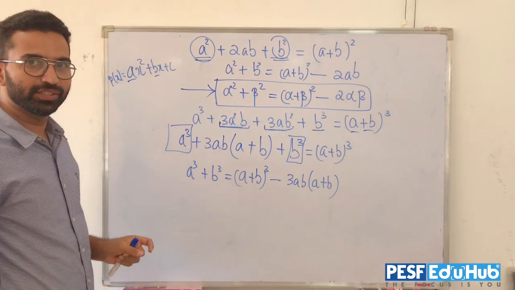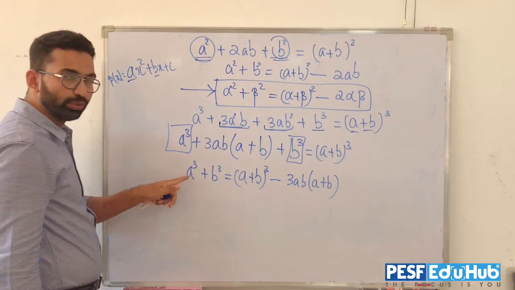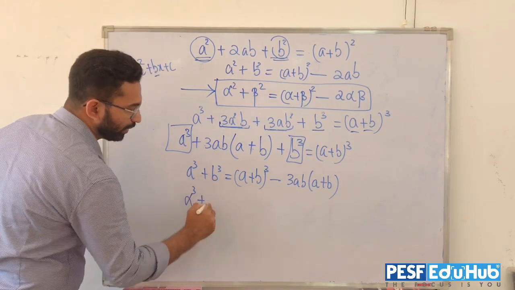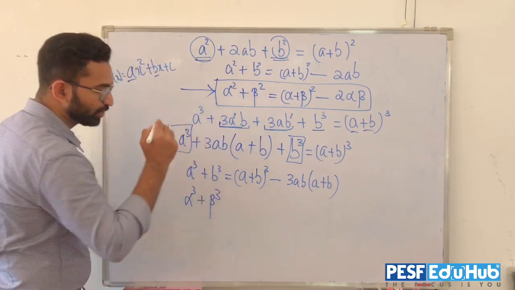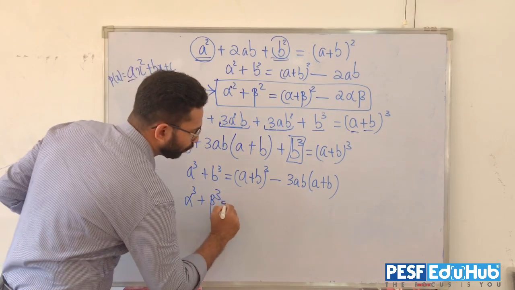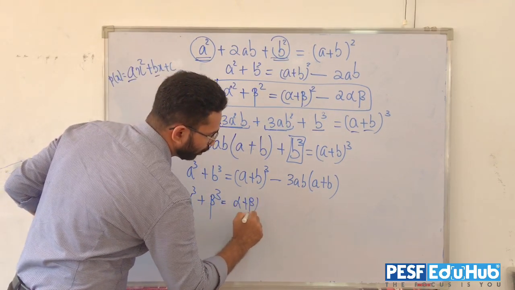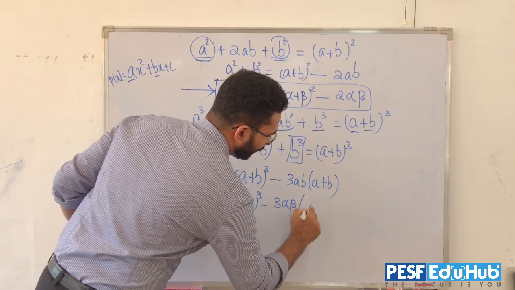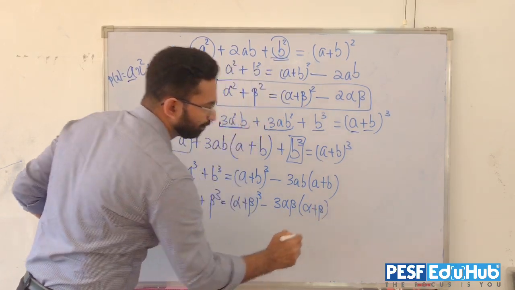Now replace a with alpha, so this is alpha cube, replace b with beta, so beta cube equals (alpha plus beta) the whole cube minus 3 alpha beta into (alpha plus beta).